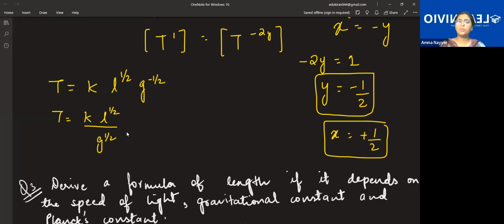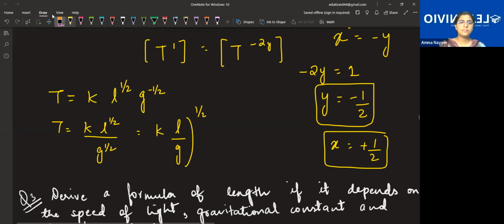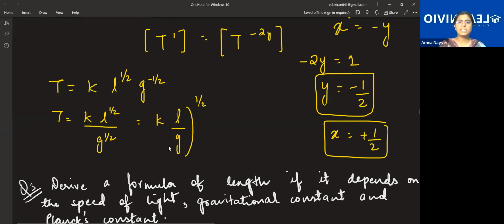Both the powers are same, so T is equal to k times (L by g) to the power half. Right? L by g to the power half. Class, what is anything to the power half? If I say 4 to the power half, when exactly do we write half?